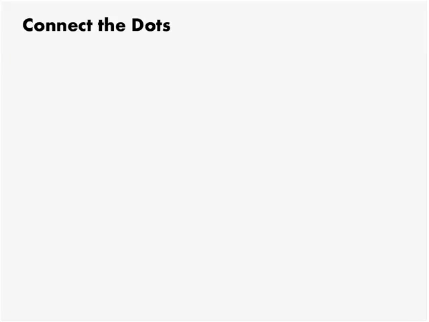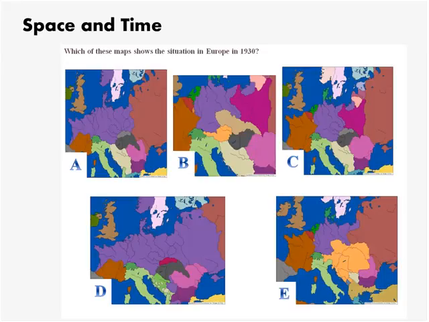Speaking of this, I do a lot of geography with these clicker quizzes. So here's another one from a general modern Europe class. Which of these maps shows the situation in Europe in 1930? This is a type of question that the first time I present it to students always causes them a lot of anxiety.